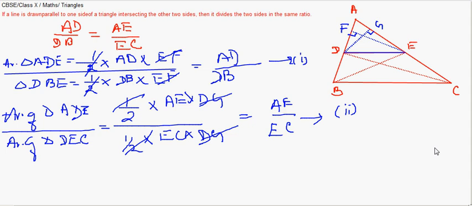If two triangles are drawn between two parallel lines and are on a common base, the areas of these two triangles are equal. Oh, I made a mistake, sorry. So I write area of triangle DBE is equal to area of triangle DCE.